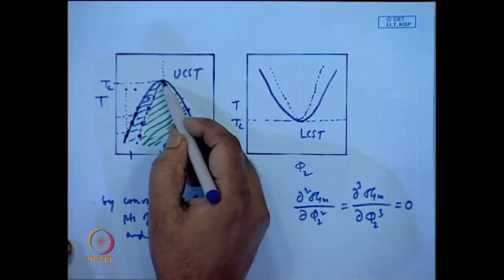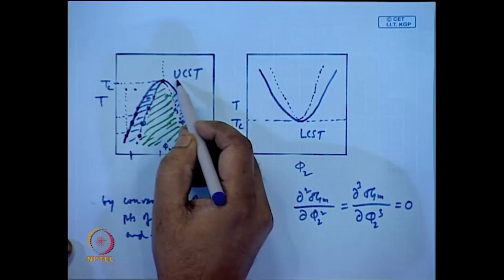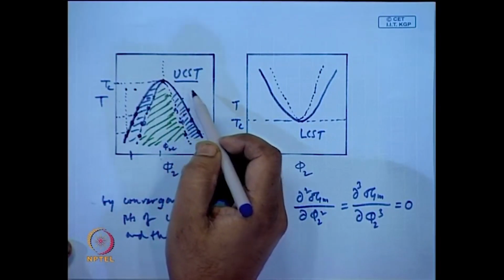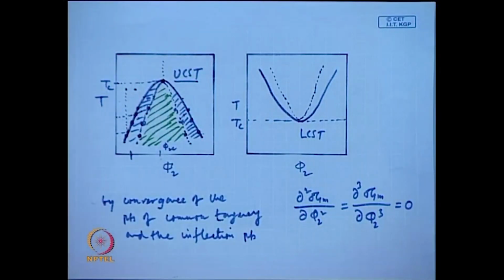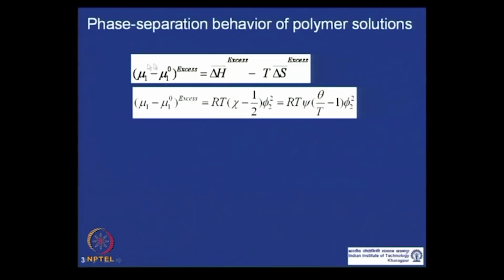So, basically this temperature is called the upper critical solution temperature, and that happens because, if you remember our excess chemical potential term, we have expressed earlier that it contains two components, one is the excess molar enthalpy and one is the excess molar entropy.